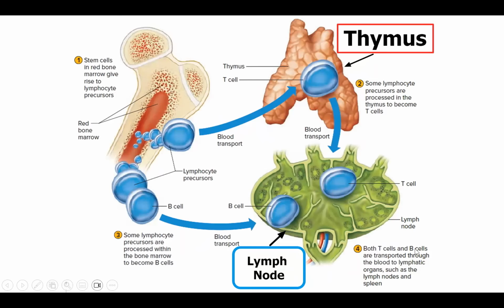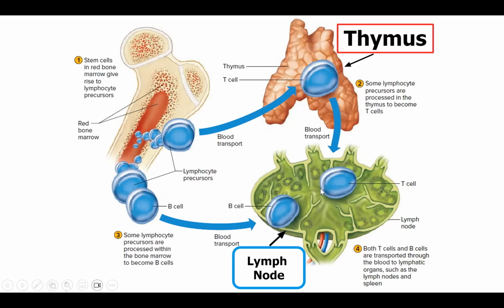Both T cells and B cells are transported through the blood to the lymphatic organs, such as the lymph nodes and the spleen. So there's this kind of flow. It's going to the thymus through blood transport, and then you have the lymphatic tissue, where the lymph fluid is coming in from the afferent vessels into the lymph node.